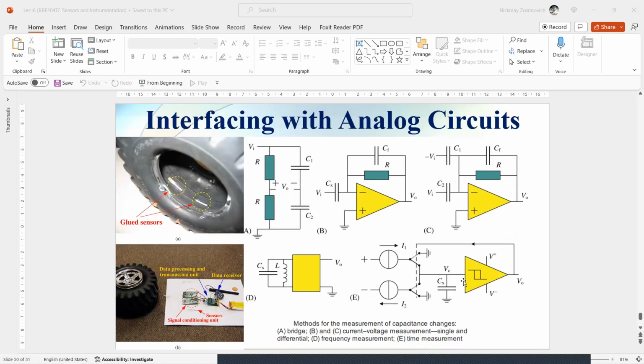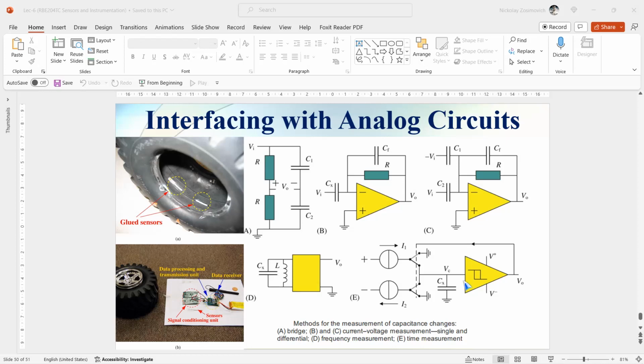A totally different application of a capacitive sensor is the measurement of tire strain. Car tires are usually reinforced with layers of steel wire. When the tire is loaded, the resulting strain causes the distance between these wires to increase, and hence the capacitance between the wires changes accordingly.